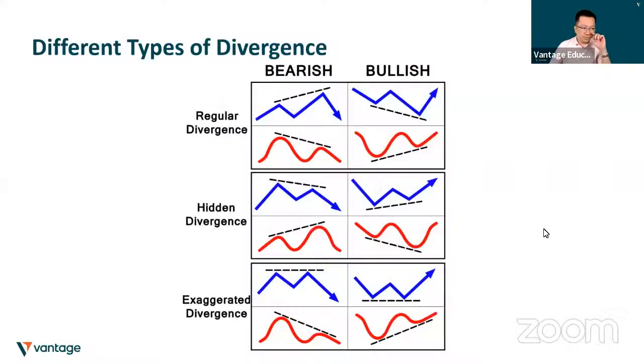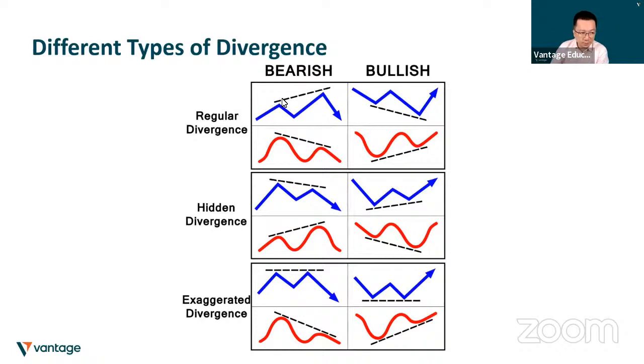So I was sharing with you, there's a regular divergence, right? What that means is you actually see price moving towards the upside or price moving towards the downside. Regular divergence is when price actually moves against the intended direction, right? So price moving higher, but this is a bearish setup.